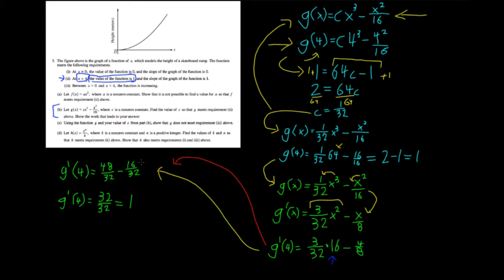And this 16 over 32 is just this 4 over 8 multiplied by 4, so we can subtract it from this 48 over 32. And so 48 minus 16 over 32 is equal to 32 over 32, which is equal to 1. So this shows that the slope of the graph of the function is 1 when x is equal to 4, and the value of the function of this original g of x is also equal to 1 when x is equal to 4.